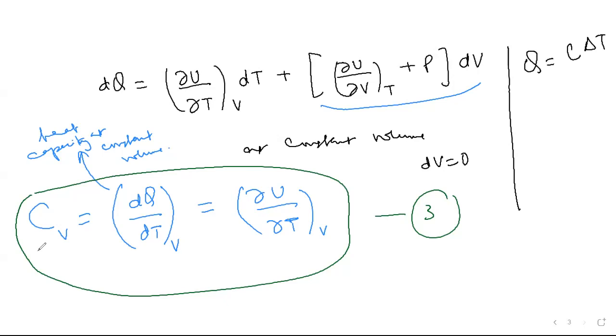So equation 3 says that we can obtain the heat capacity at constant volume from the internal energy of the system. We have to simply differentiate the internal energy of the system with respect to temperature in order to get heat capacity at constant volume, right?